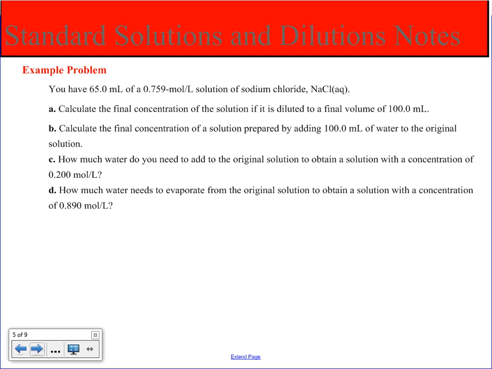We need to, A, calculate the final concentration of the solution if it is diluted to a final volume of 100 milliliters. Then, B, calculate the final concentration of a solution prepared by adding 100 milliliters of water to the original solution. Then, C, how much water do you need to add to the original solution to obtain a solution with a concentration of 0.200 moles per liter?